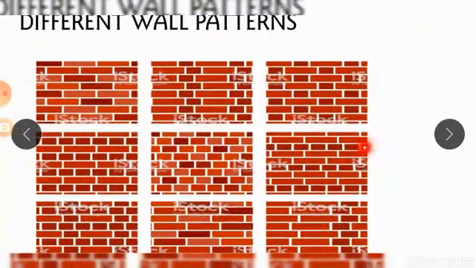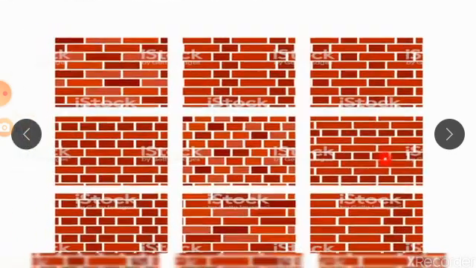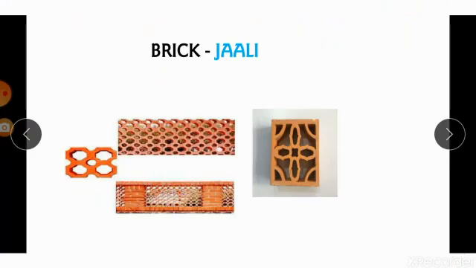This will help you draw different types of wall patterns. You can draw by using these patterns. Here also I displayed only 9 patterns, but many patterns exist; nowadays the masons regularly use these patterns alone.